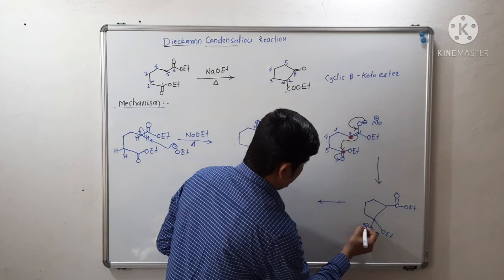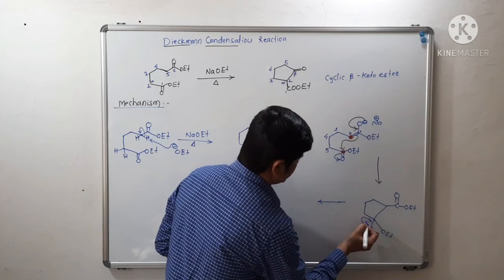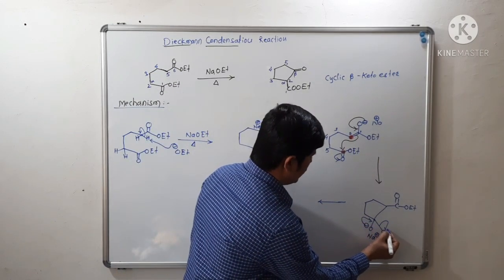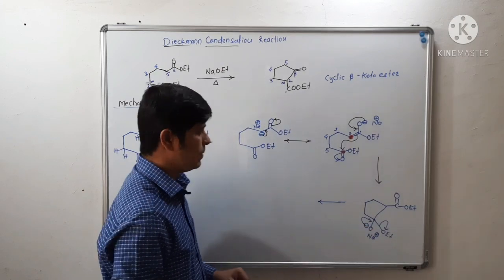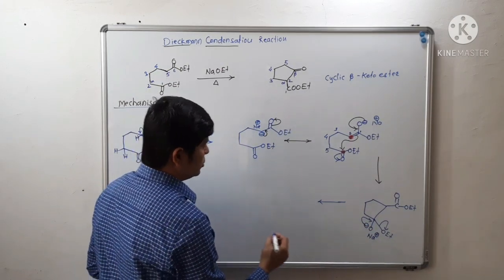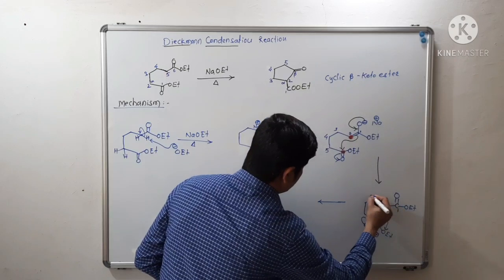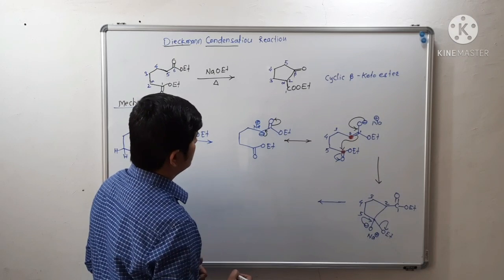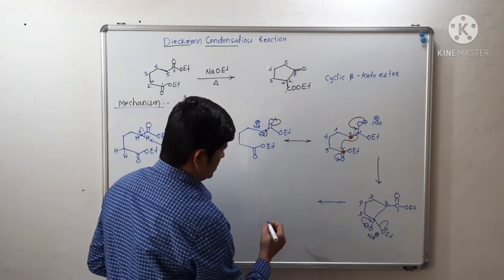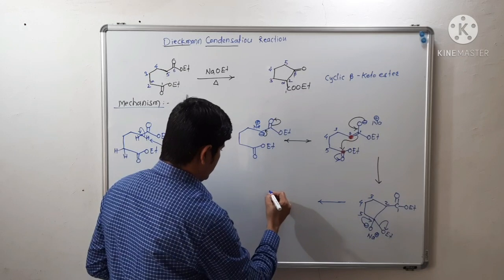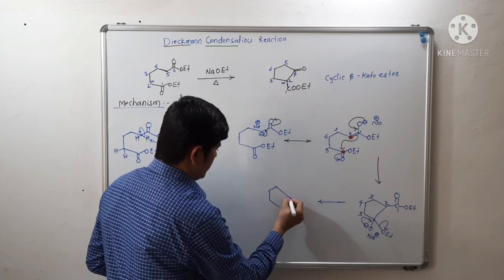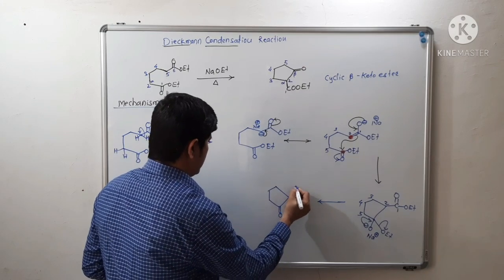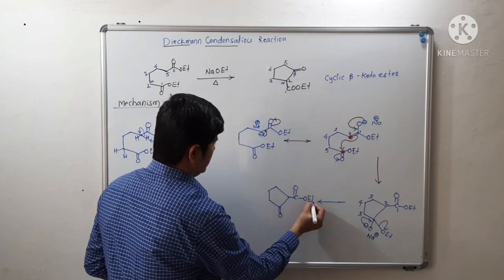Now in the next step, what will happen? This negative charge electron density will come here to form a carbonyl group, and at the same time this OEt is a good leaving group that will get departed. So you will have, see here, carbon number 1, 2, 3, 4, 5, this type of cyclic beta keto ester.